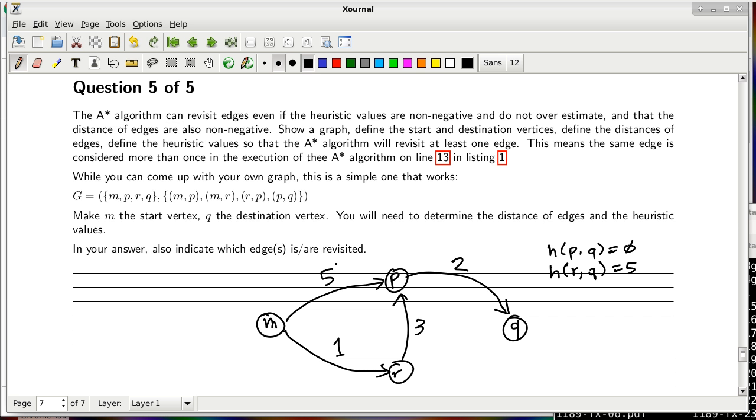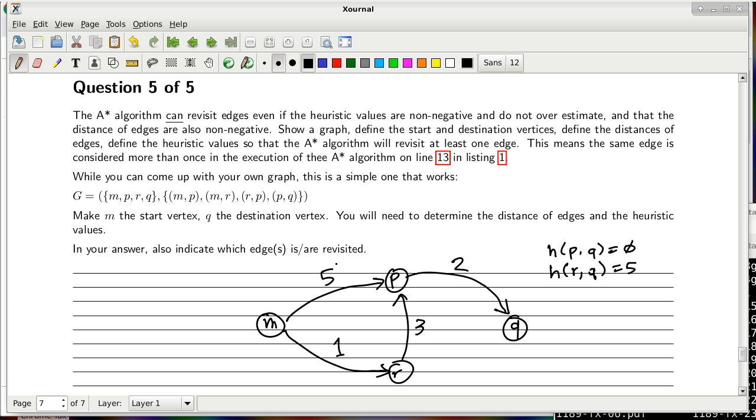Since this is the first time we got to Q, it will update the G value of Q from infinity to 5 plus 2, which is 7. So that's the first time we visit Q using the edge PQ. Is that okay?